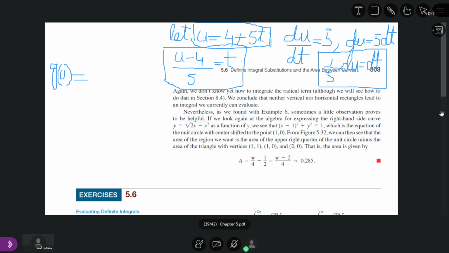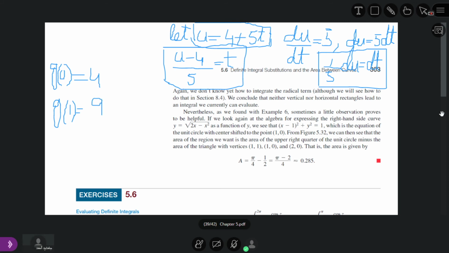So whenever we put 0 here, we get 4. And also we have to find g of 1, because in the given we have 1 as an upper limit. So 4 plus 5 becomes 9.